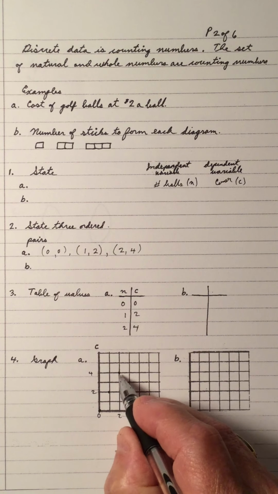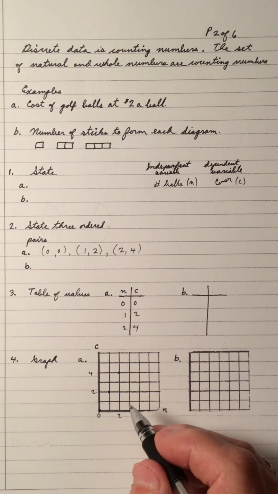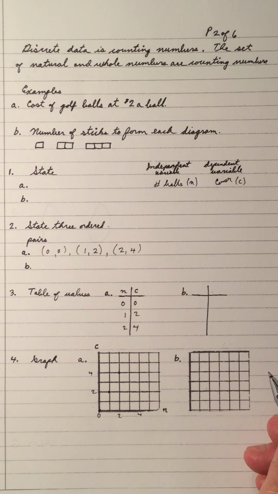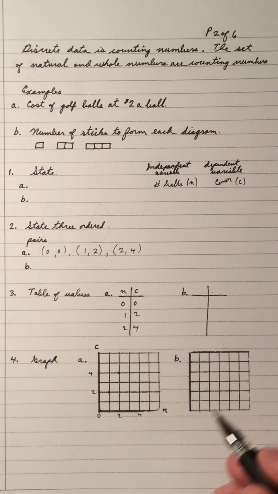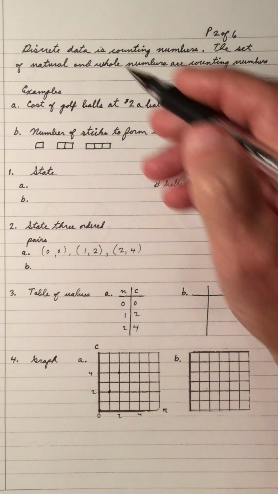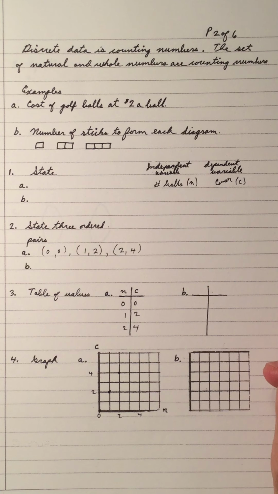Notice that these are points, because when you say counting, you can't go out and buy half a golf ball. You can only buy 1, none, 2, 4, 6, 10. So the graph here is a set of dots when you have discrete values, as in the cost of golf balls at $2.